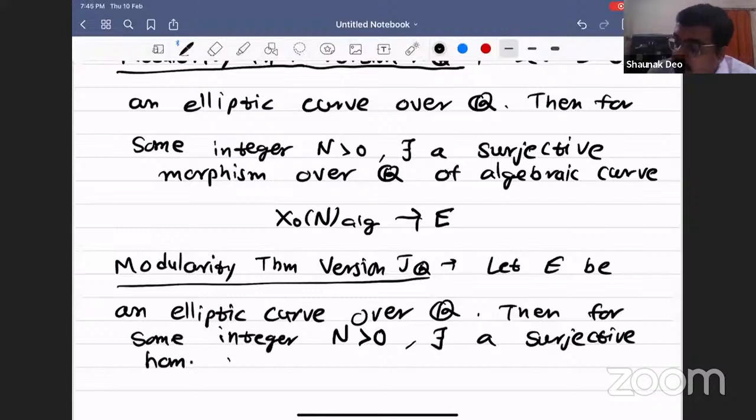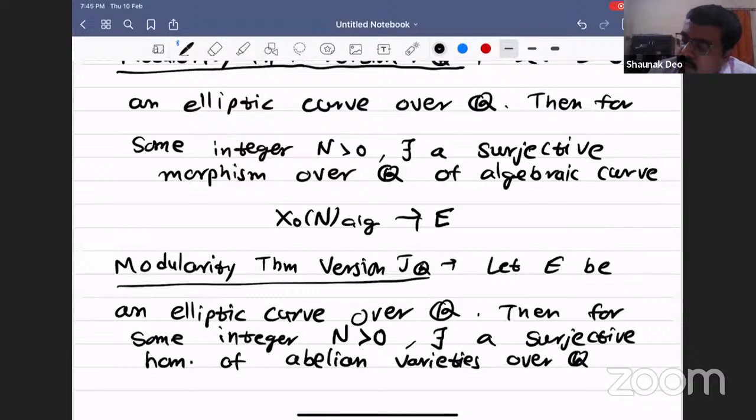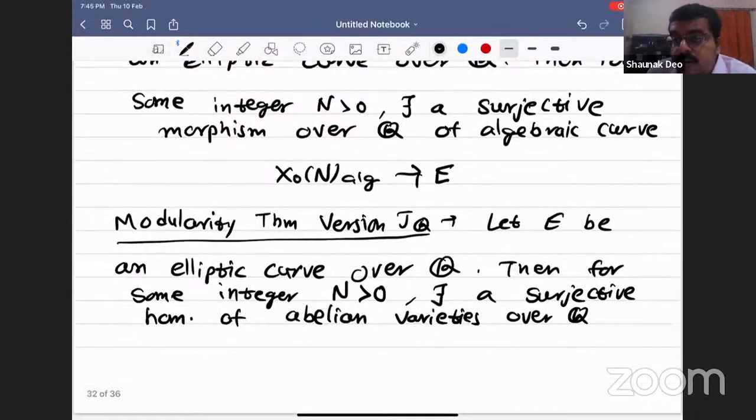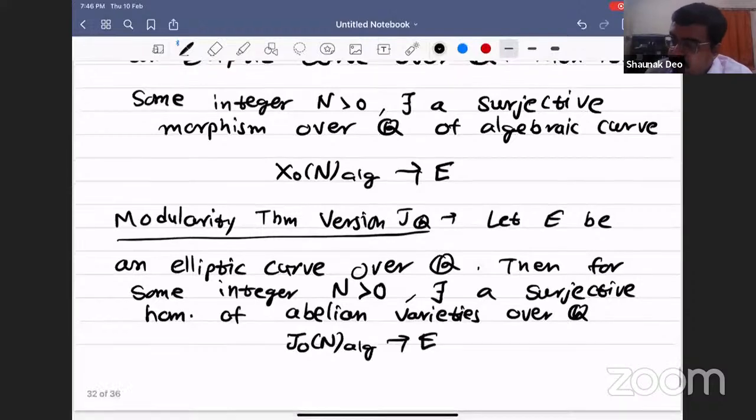Now this is a homomorphism of abelian varieties over Q. It's a map of algebraic varieties also, defined over Q, and it's also a homomorphism of abelian varieties from J_0(n)_alg to E. Again, this alg subscript is there just to emphasize that now we are over Q and these are maps over Q and not over C.